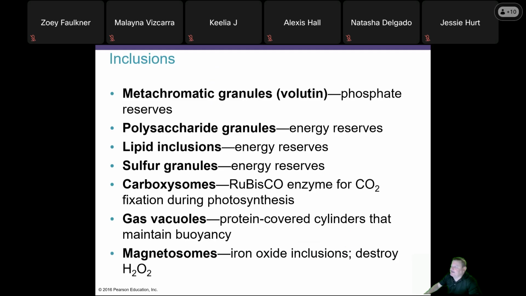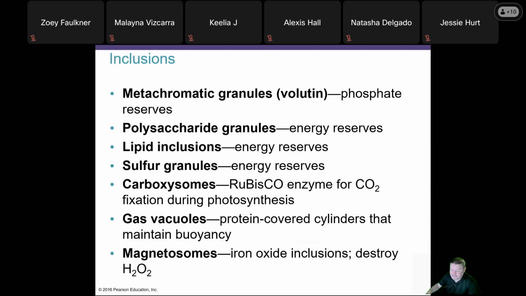Some inclusions, again, these are not in all bacteria, but some bacteria have these specialized inclusions. Some of these have metachromatic granules. Basically, they give it color. We may have polysaccharide granules that are energy reserves, lipids, sulfur that are energy reserves, carboxysomes, which is an enzyme for CO2 fixation during photosynthesis.